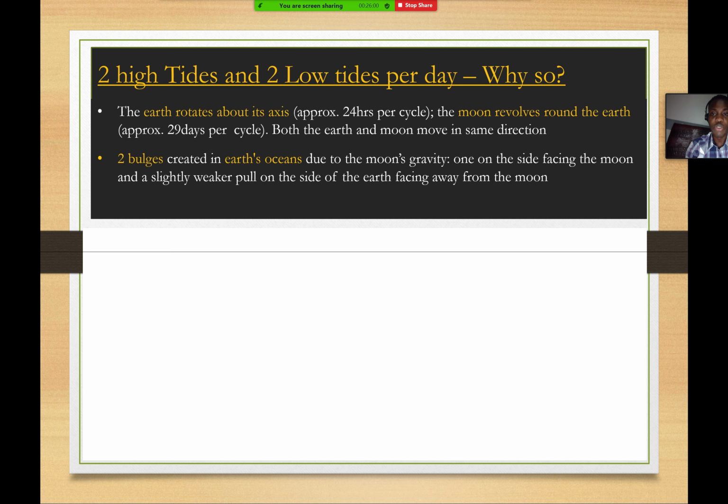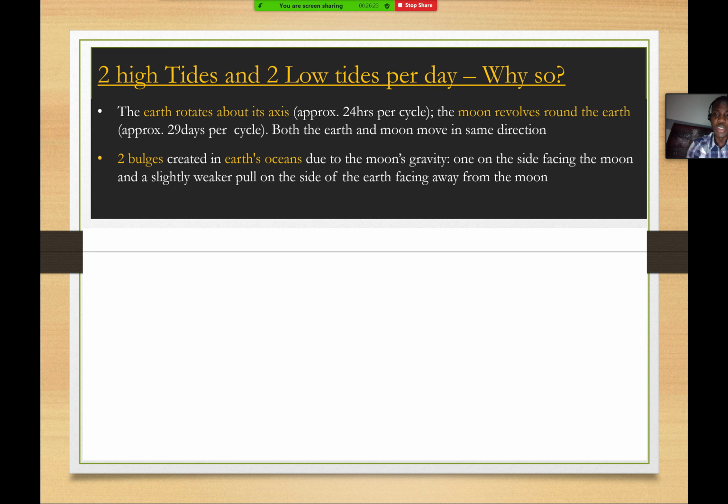So that creates what is called tidal force, and that tidal force leads to the creation of two bulges on two opposite sides of the Earth. The part that is directly facing the Moon, and the other far end of it.